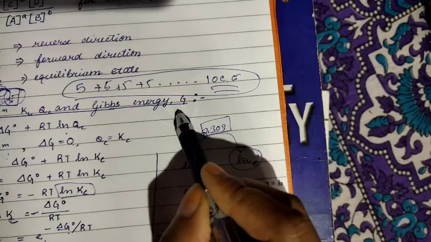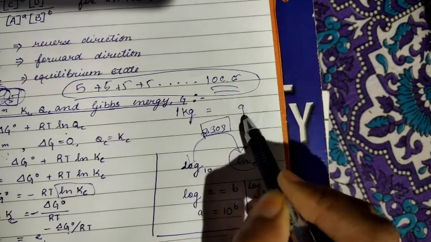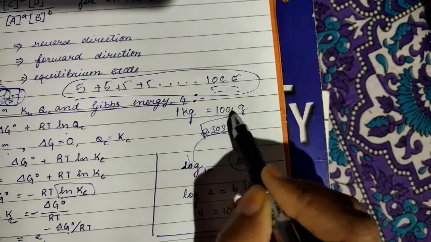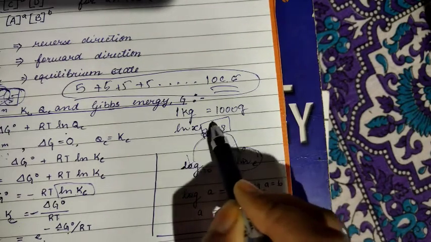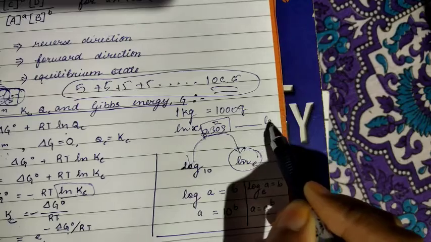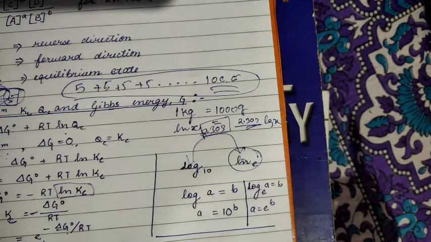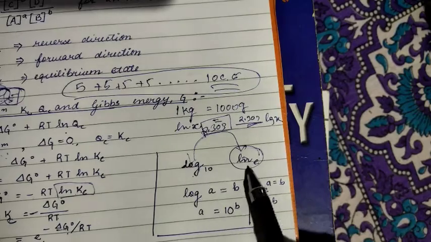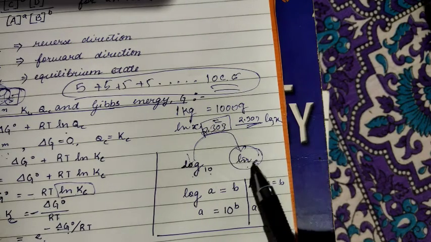Suppose 1 kg is equal to how many grams? 1000 grams. Similarly, ln of something is equal to 2.303 times the log of x. So this is actually a conversion factor, and their bases are different. For log it's base 10, and for natural log it's base e.